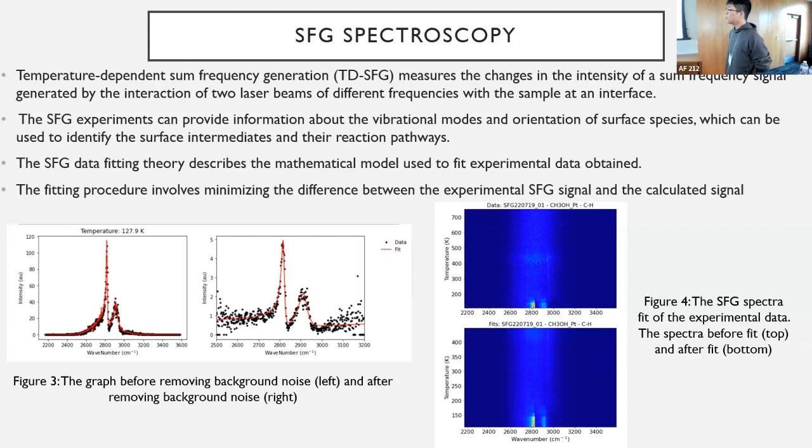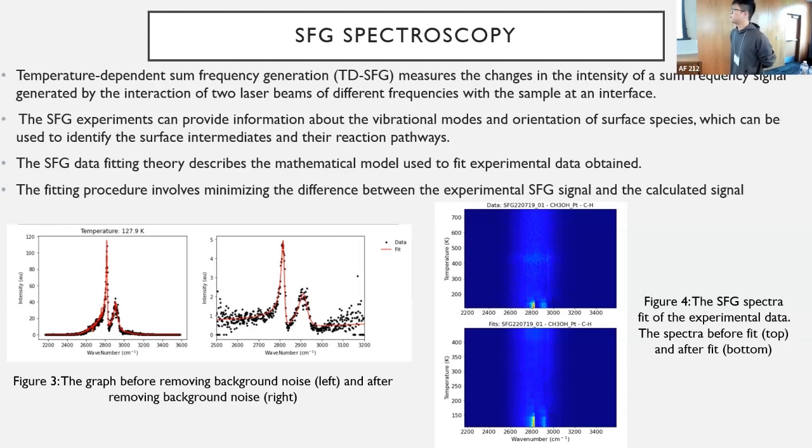It gives us the vibrational modes and orientation of surface species, and we can identify the surface intermediates and their reaction pathways. Basically, the SFG will give us a vibrational spectrum where we can look at specific bonds and see how they interact.